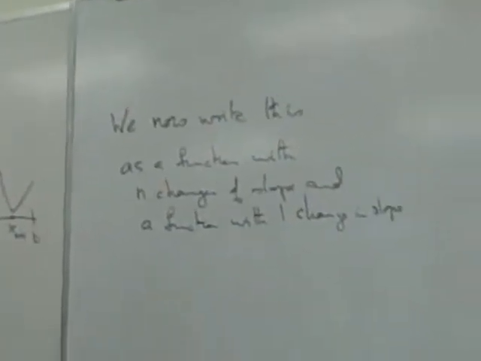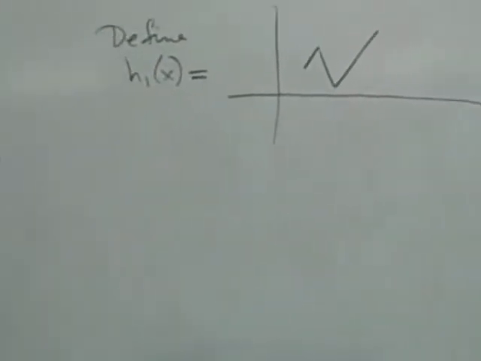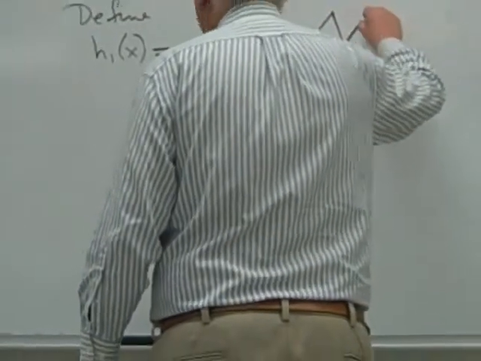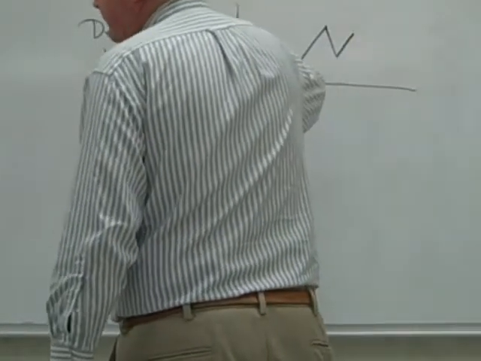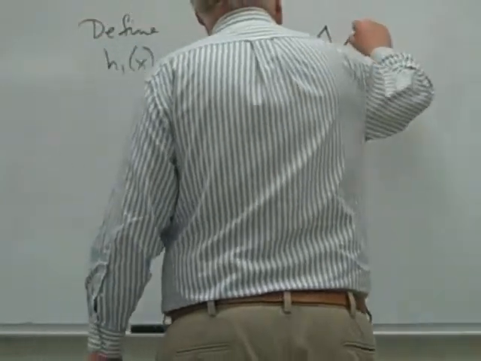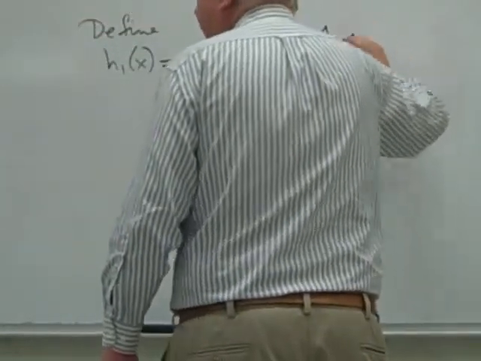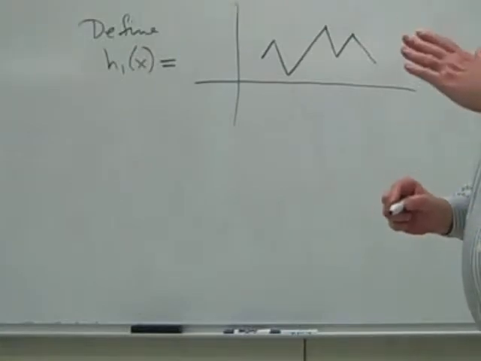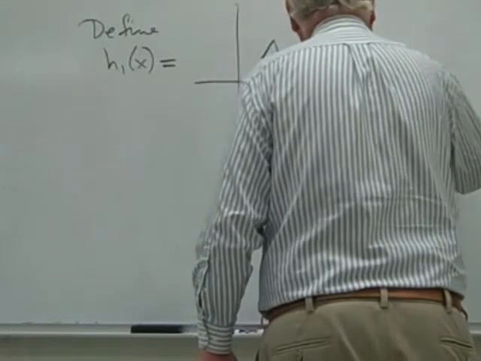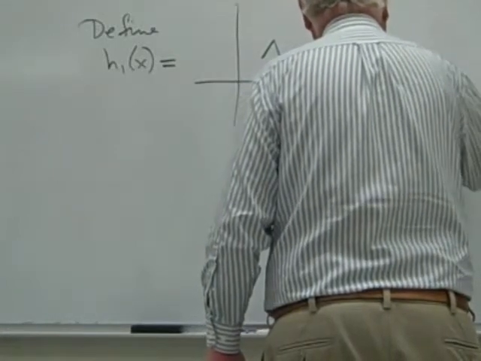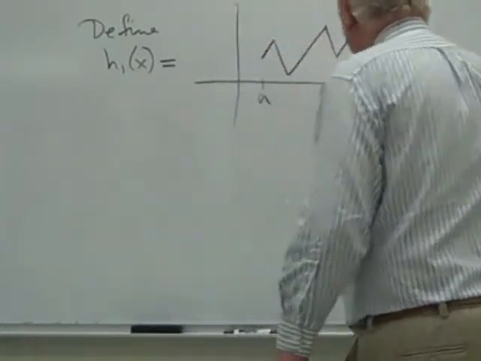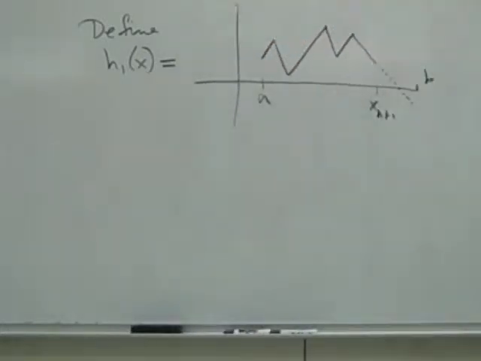Okay, so I'll define it this way. It'll be the same picture as far as xn plus 1, but instead of turning around and having another slope at xn plus 1, I will just continue that last straight line.